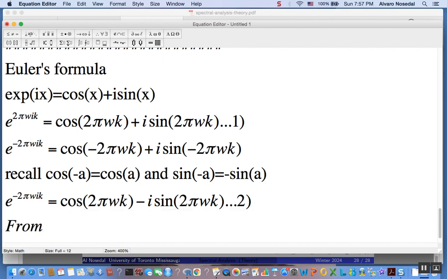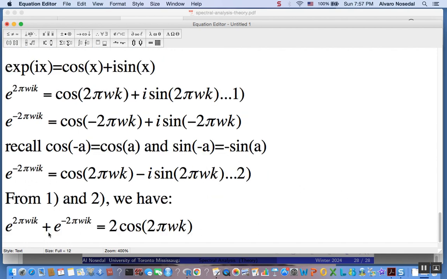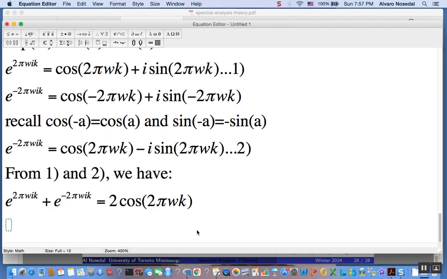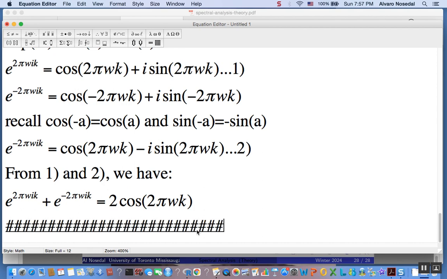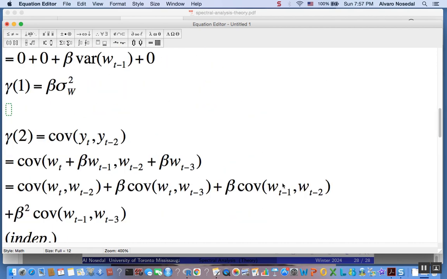So from 1 and 2, the sum of these two exponentials equals 2 times cosine of 2 pi w k.